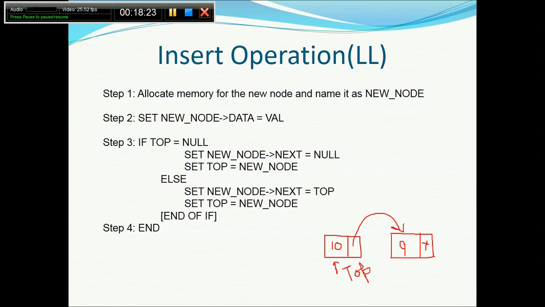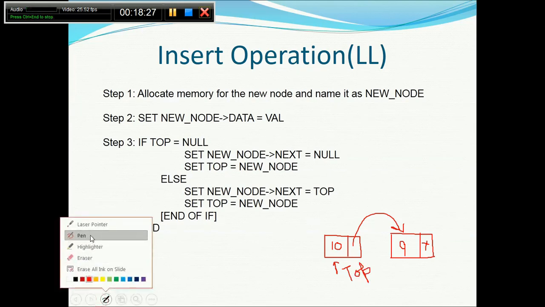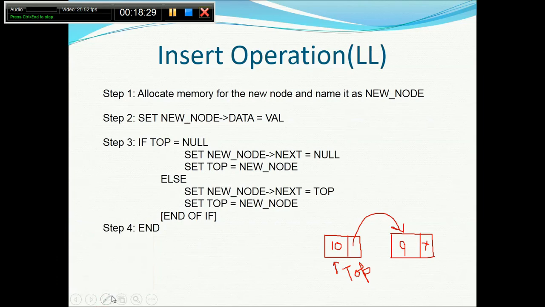Now let me do it one more time. I have stored the data that I want to store, and then it says if top is equal to null. Top is not null, so the else part will execute.